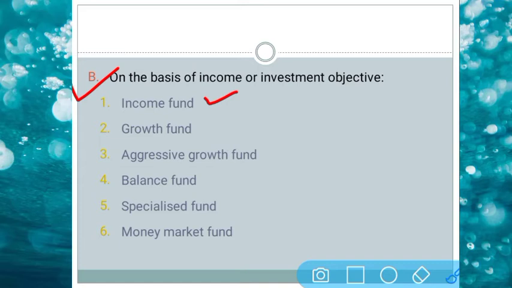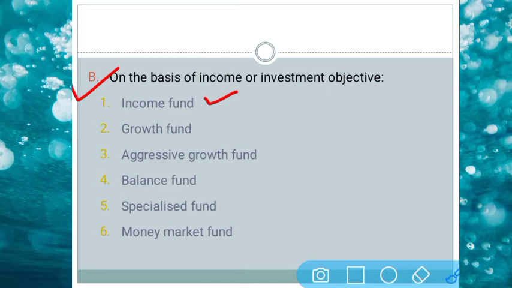Generally, a salaried person or a retired person, or investors at the beginning level, or investors who do not want to take more risk are the major investors in this type of fund.